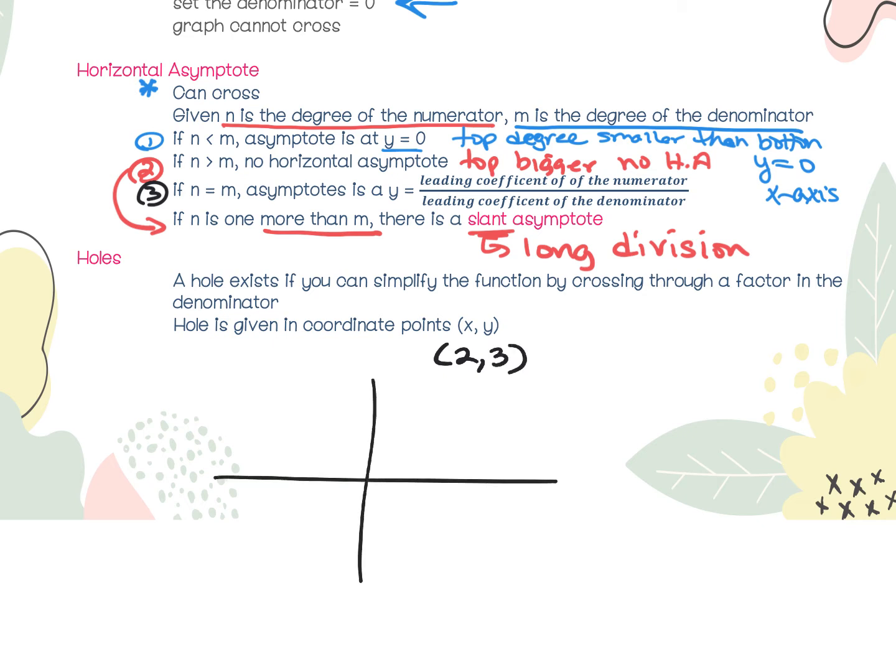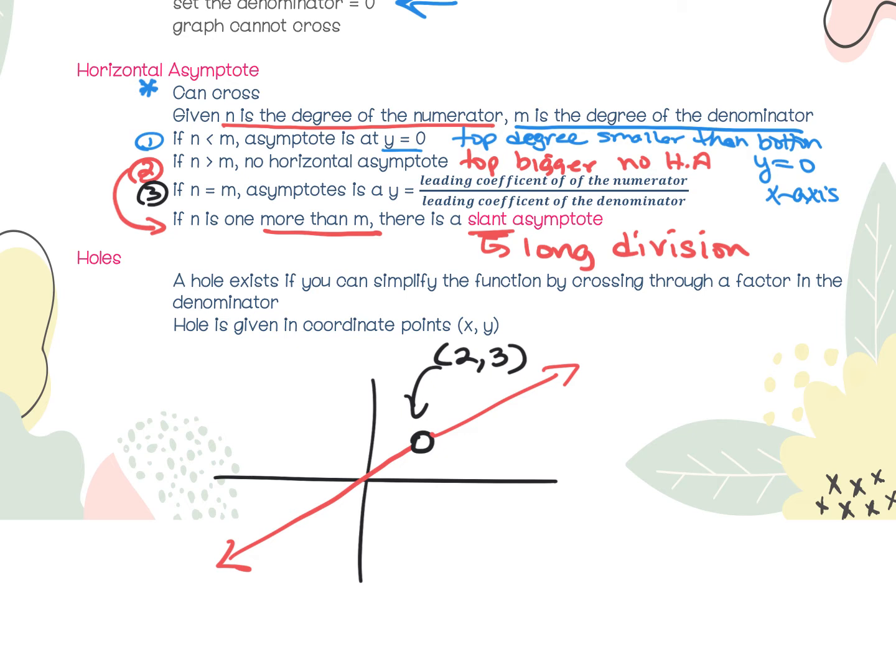So your graph could come here, hit the hole at the ordered pair 2, 3, and then keep going. So it's going to be like a break in your graph. It'll be a little circle. And we're going to learn how to find these holes, because we're going to be factoring the numerator and the denominator. And whatever factors cancel, that's where our hole is going to be located.